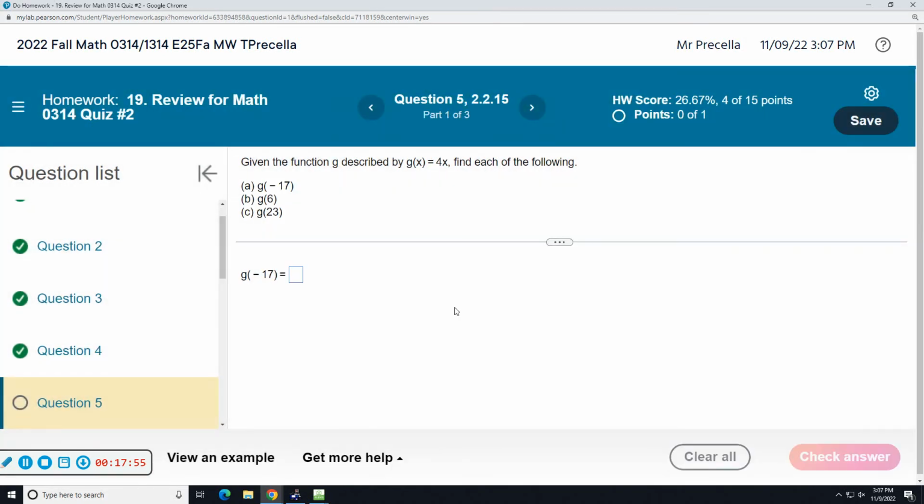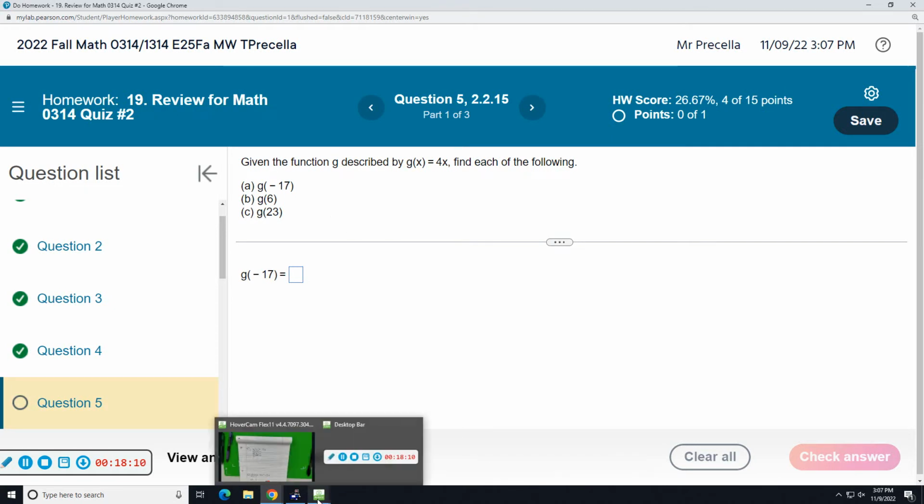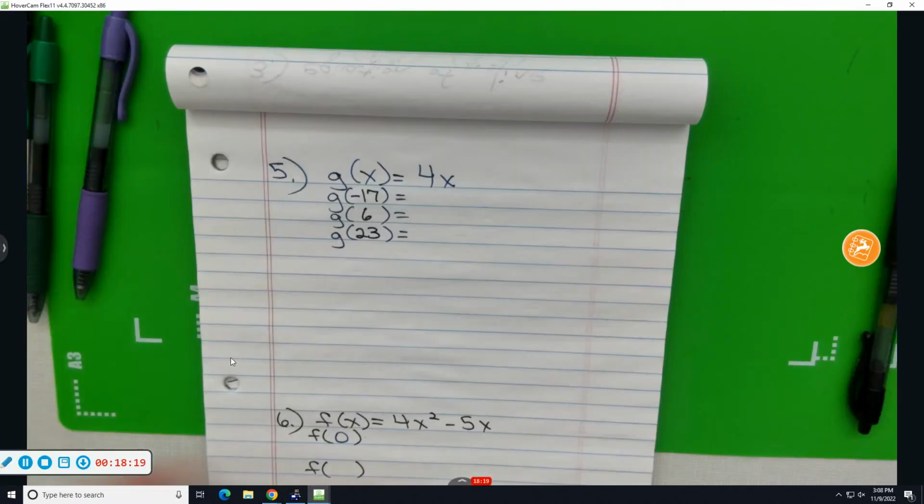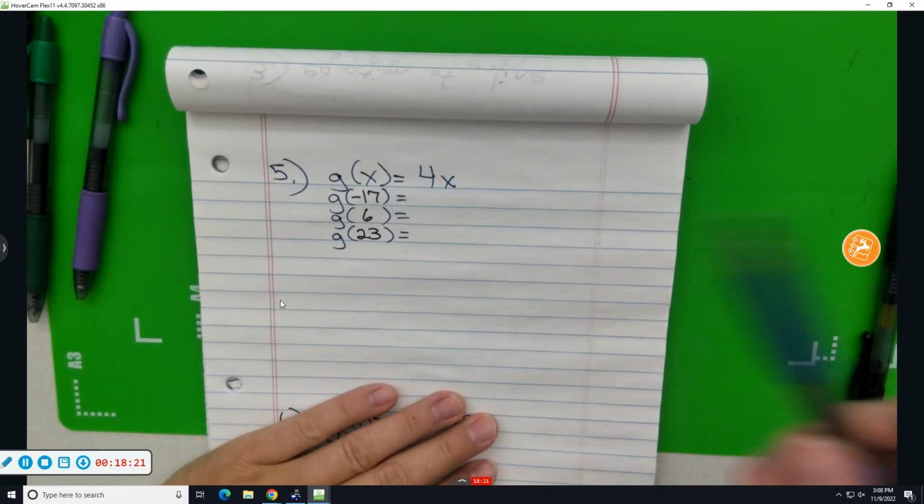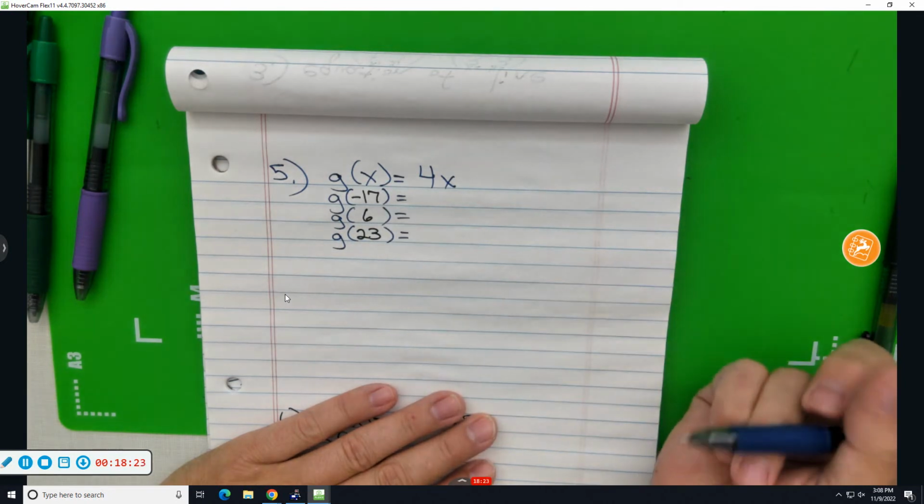Number 5. It looks like it's another function notation problem. Okay, so g of x is 4x. They want us to find g of negative 17, g of 6, and g of 23. G of negative 17.